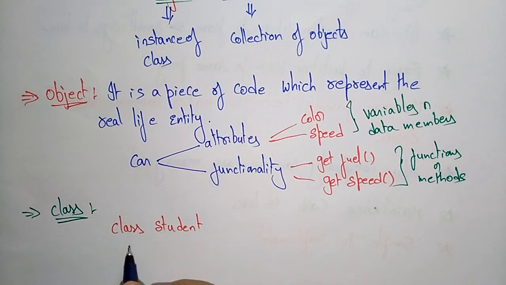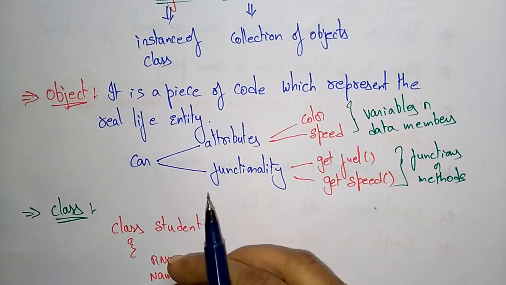A student consists of some roll number, name, marks, curriculum progress and extracurricular activities. Those are the curricular or extracurricular activities.